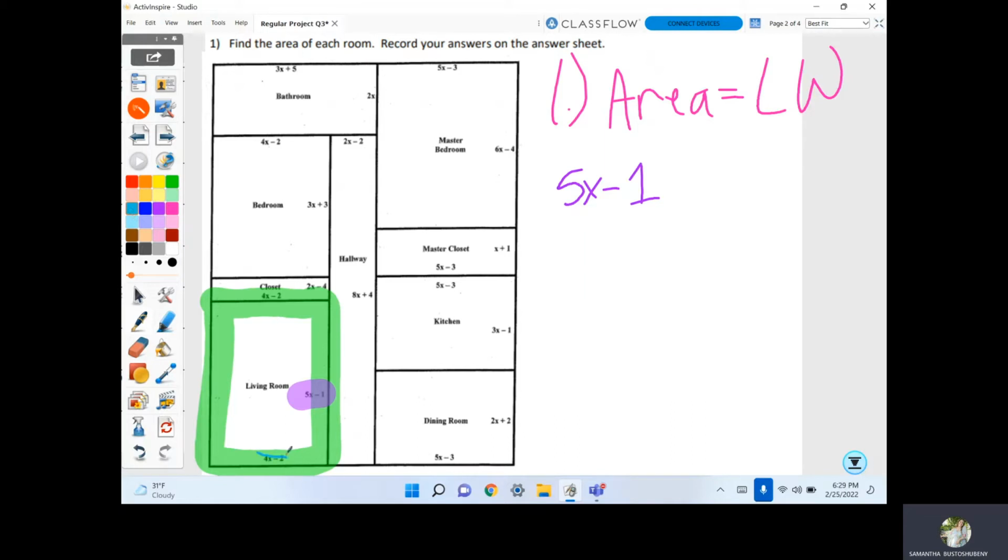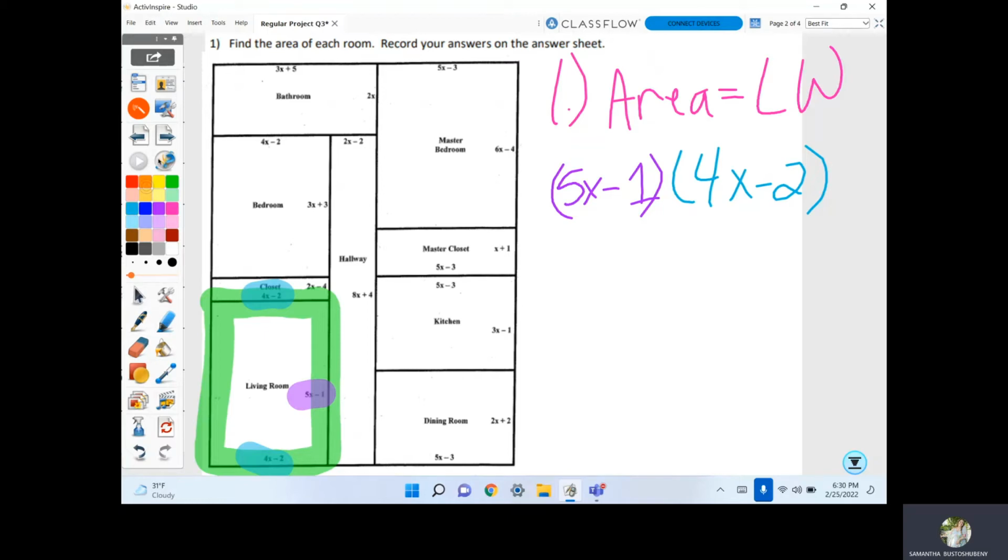And my width is actually 4x minus 2, and is on the bottom and the top. That's going to be an important thing to keep note of in a minute here when we do perimeter. But for right now, there are two ways to do this. You can FOIL it out, or you can use the box method. I'm going to show both.